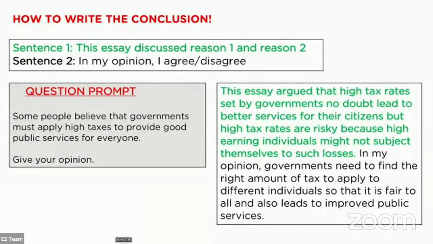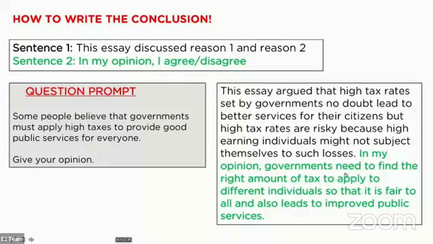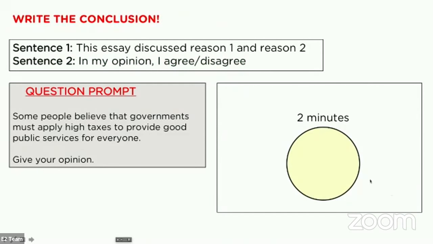They were my two reasons, my two paragraphs summarized in that sentence. In my opinion, governments need to find the right amount of tax to apply to different individuals so that it is fair to all and also leads to improved public services. You're going to have just 2 minutes to write your fabulous conclusion.